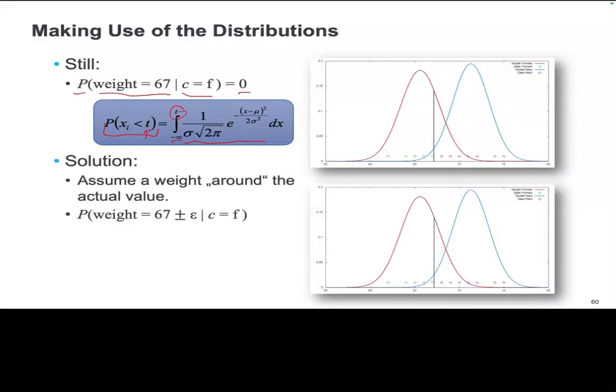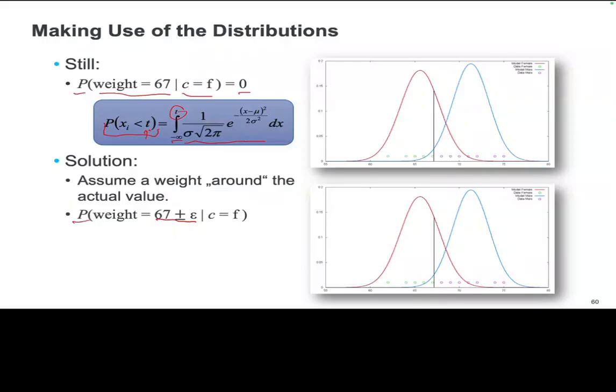So what we do is, of course, we have an observation. And what we assume is that in this continuous space we basically have very small intervals. The small intervals can be described by saying the weight is 67 kilograms plus some epsilon kilogram. And we are interested in the probability that would arise if we would pick a small interval, let's say a 100-gram interval, because maybe our scale is not more precise, right?